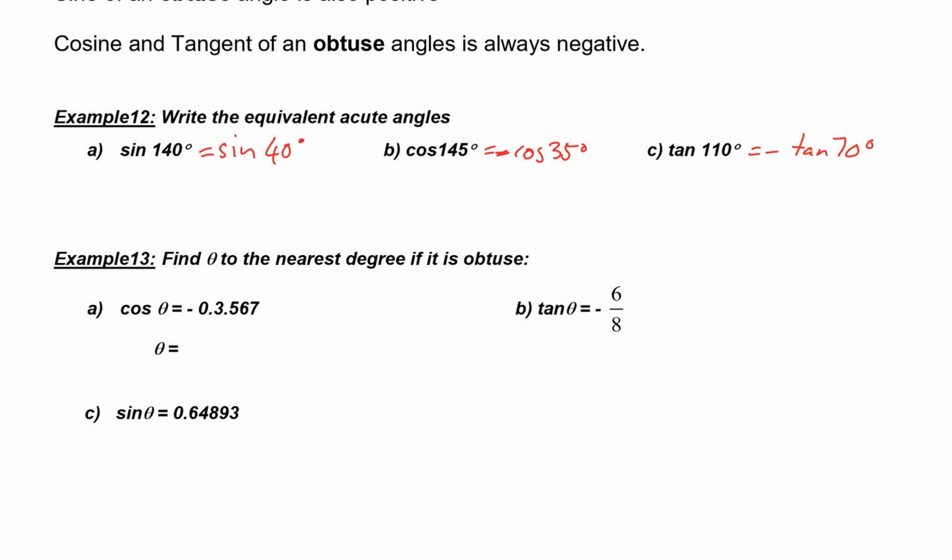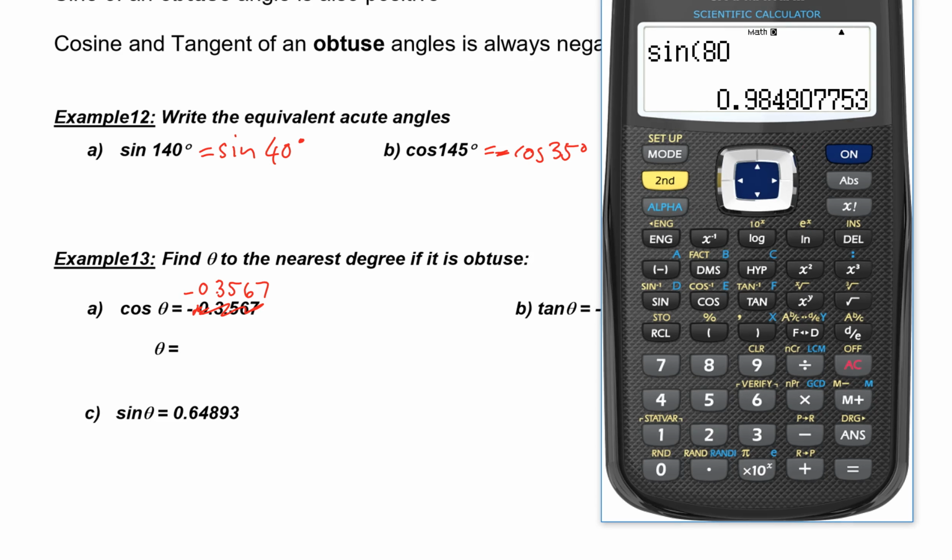Now for these ones, I've got a little typo here. Don't ignore that decimal place. That should be negative 0.3567. The way we're going to do this is take the positive of this, do the inverse cos, and then take that away from 180.